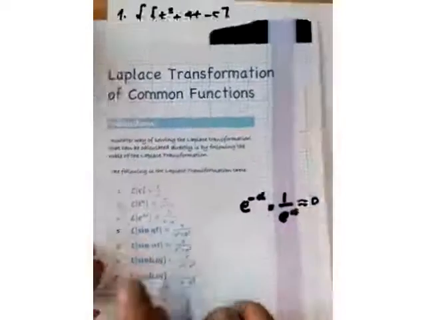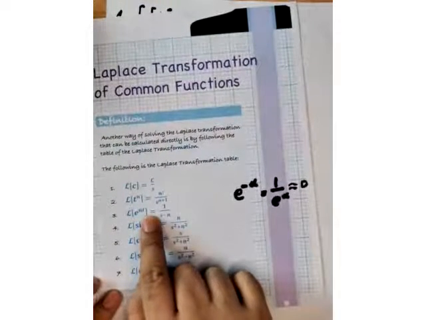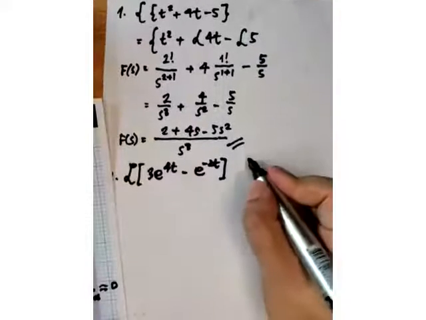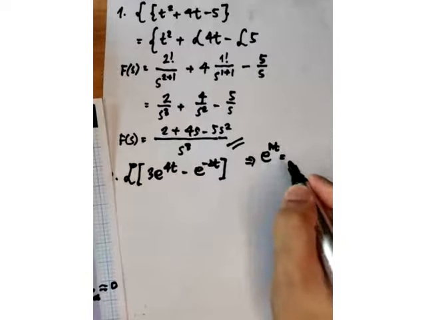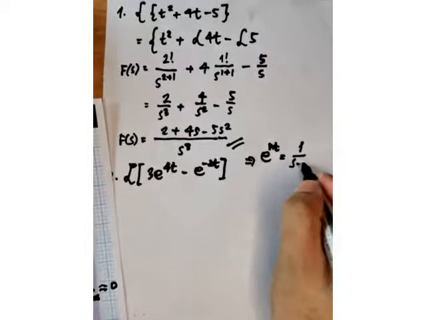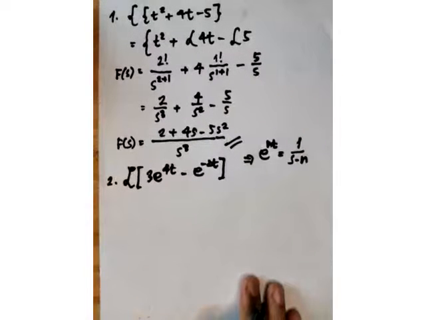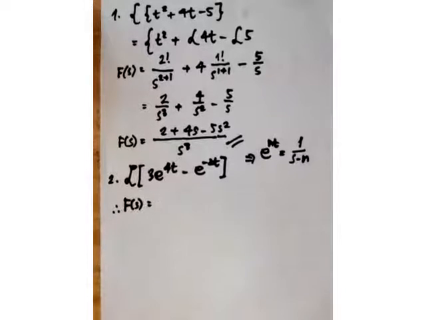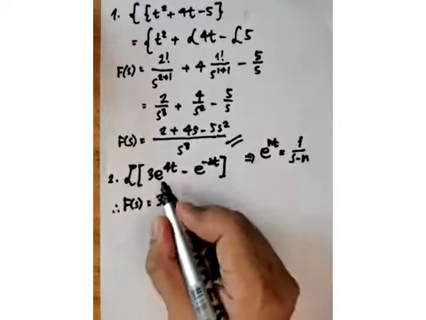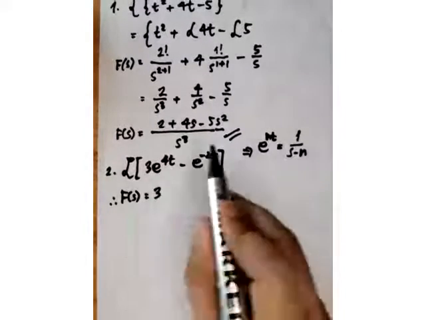If we will check our table, proud naman silang e raised to t. So nandito tayo, e raised to t. So ang formula natin ay e raised to nt, that's equivalent to 1 over s minus n. So that means, therefore, our function is equal to 3 times, paano natin na-transform ang e raised to 4t? Ang n natin dito ay 4.